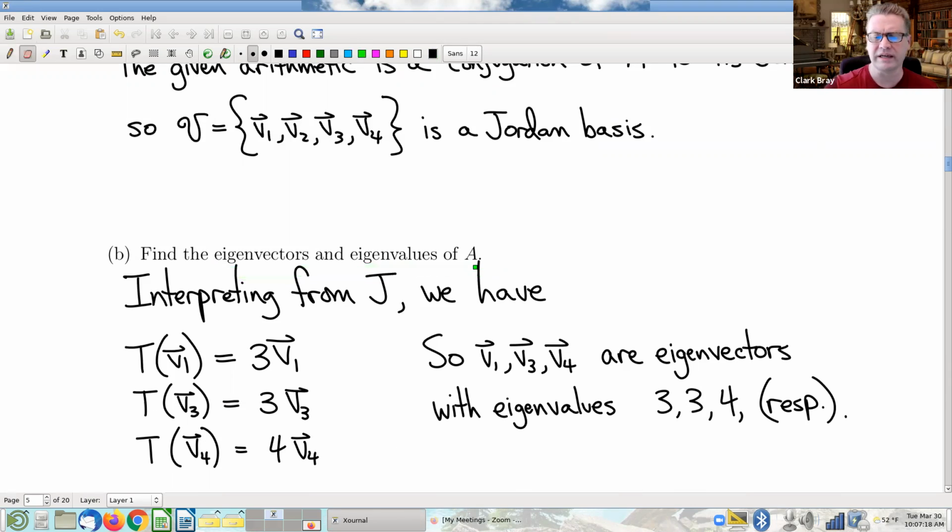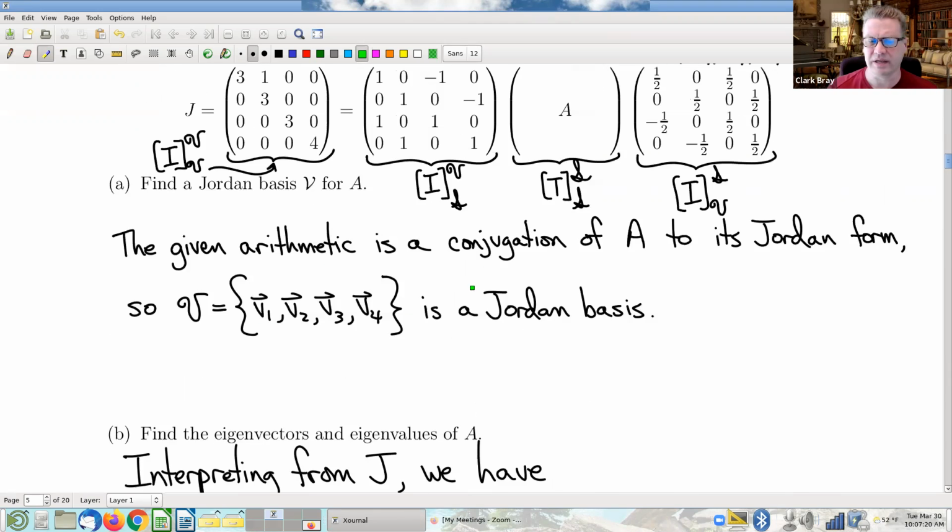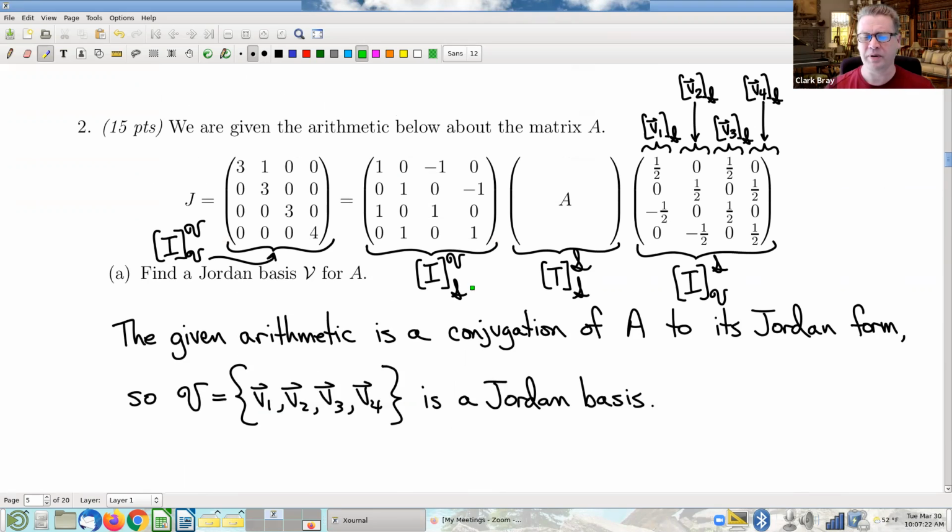Okay, finding the eigenvectors and the eigenvalues of the matrix. Again, Jordan form is really convenient for that. In some sense, the ones that appear to be eigenvectors from the point of view of the Jordan basis are the eigenvectors. So we have this one unfortunate non-diagonal entry there that's kind of messing it up. And just real quick, this is an observation of the Jordan blocks looking like this in our Jordan form.